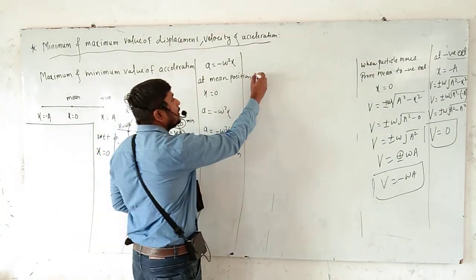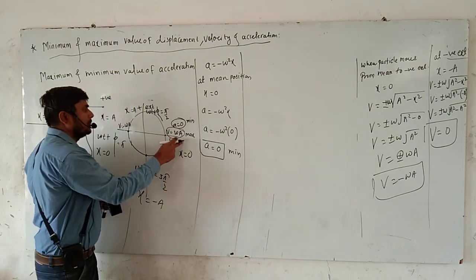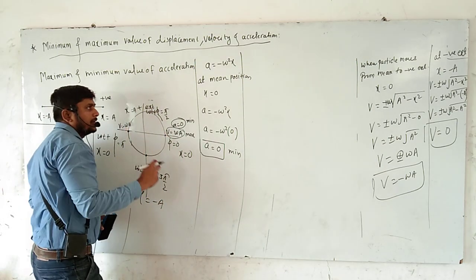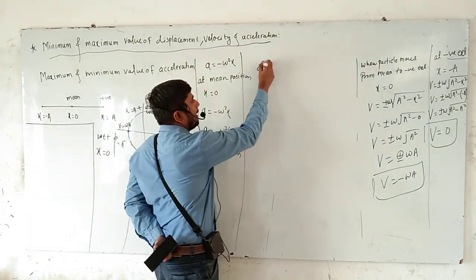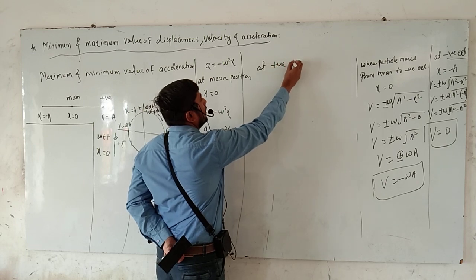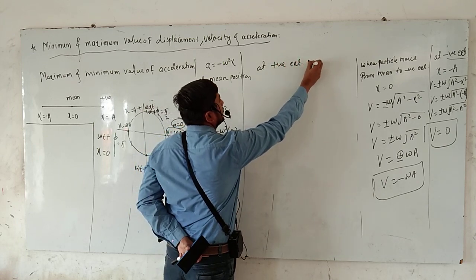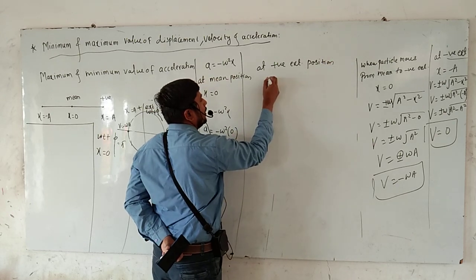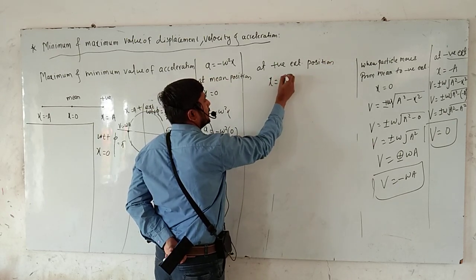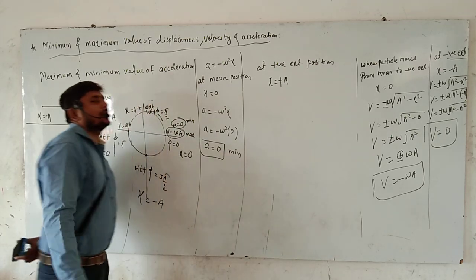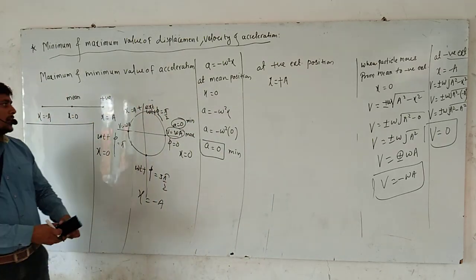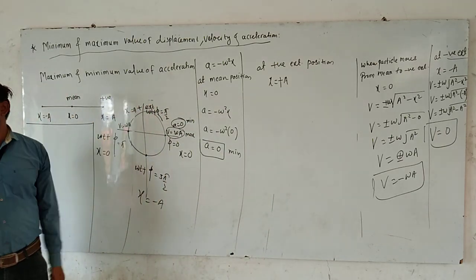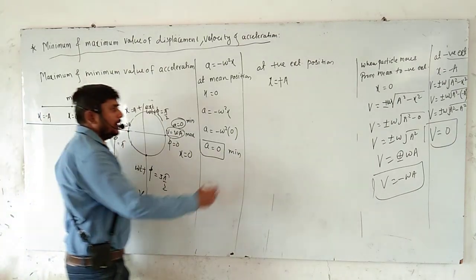Next, after the mean position, which position comes? Positive extreme. So at the positive extreme position, the value of x will be equal to plus a. What is displacement at the positive extreme? Displacement at the positive extreme will be x equal to plus a, right?